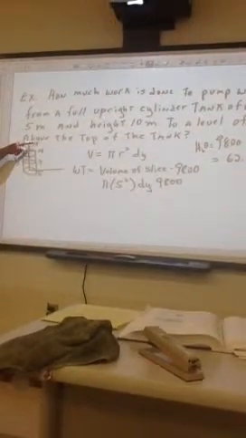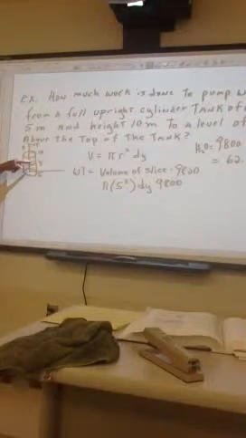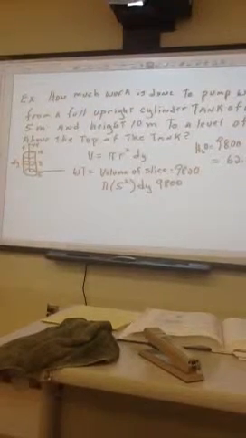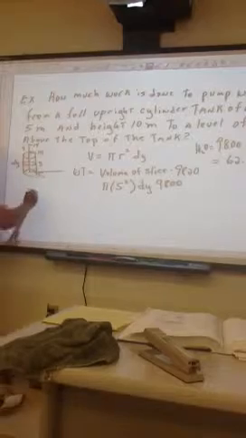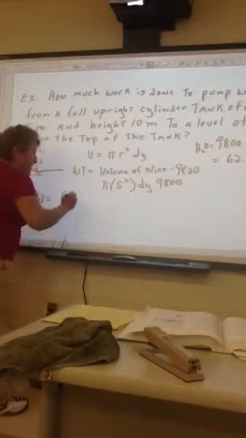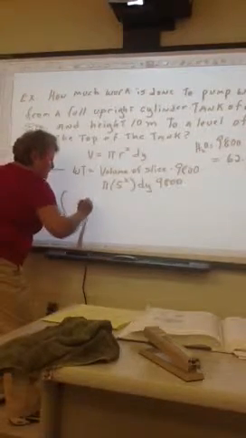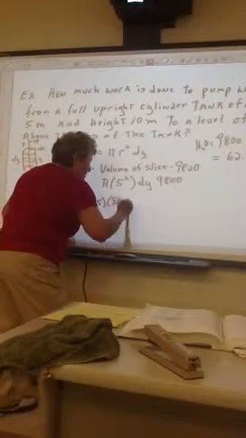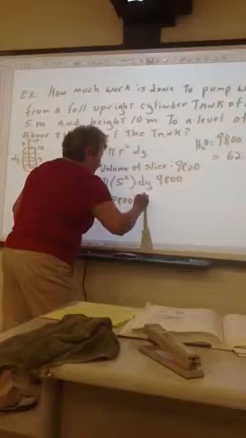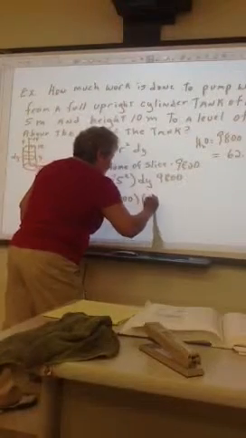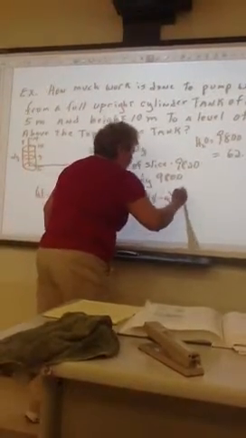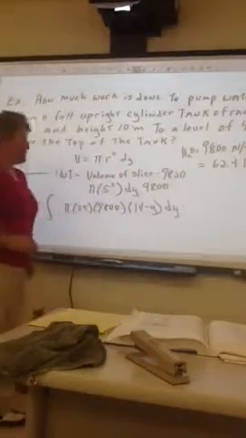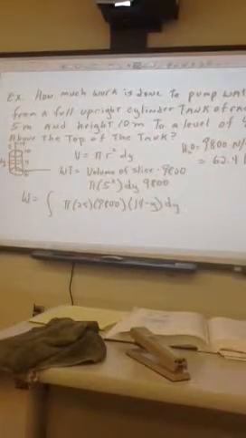So it's got to be 14 minus y would be the distance I need to move that slice. So my work is going to be pi times 25 times 9,800 times 14 minus y dy.